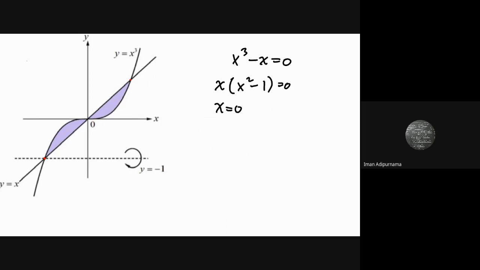So of course it's x equals 0 and x equals plus minus 1. So this will be 1 and this also negative 1, 0. So the first one is that.